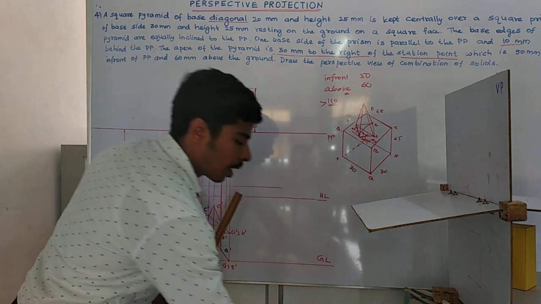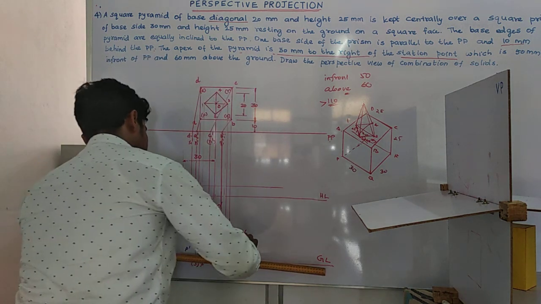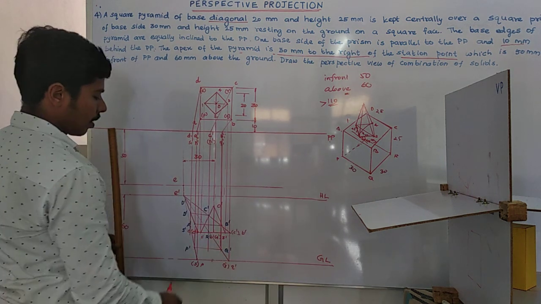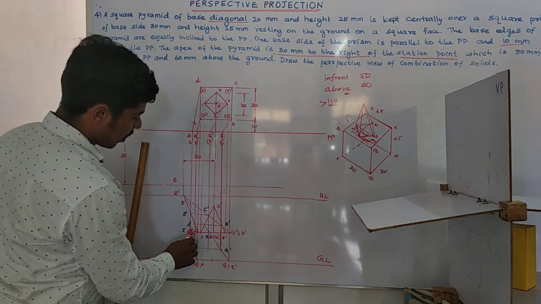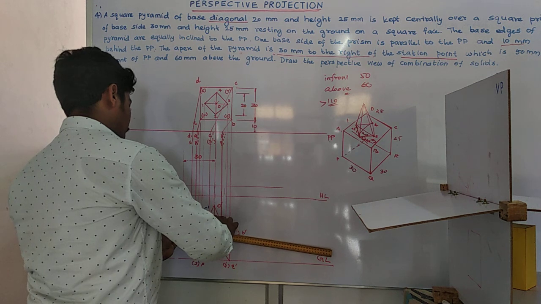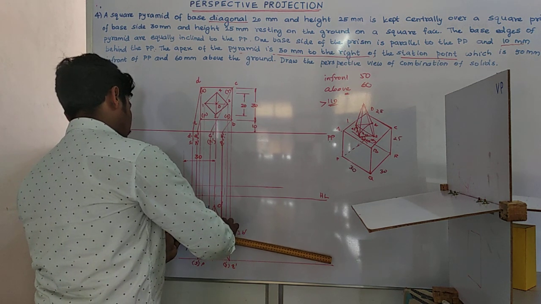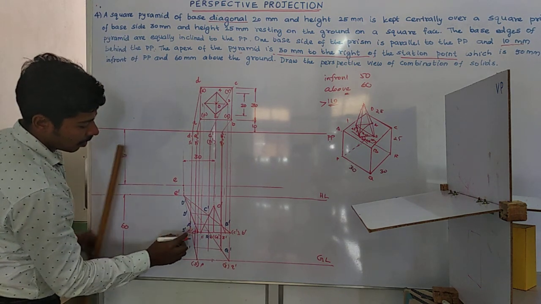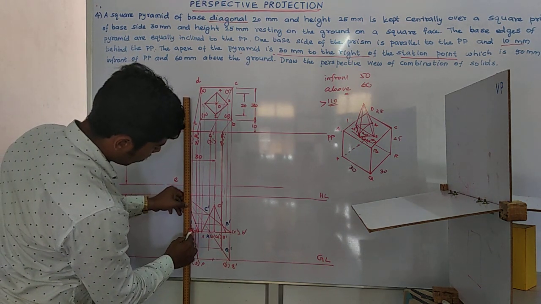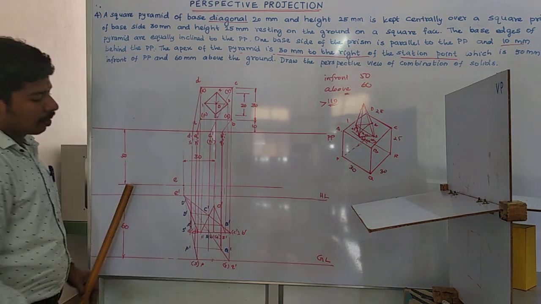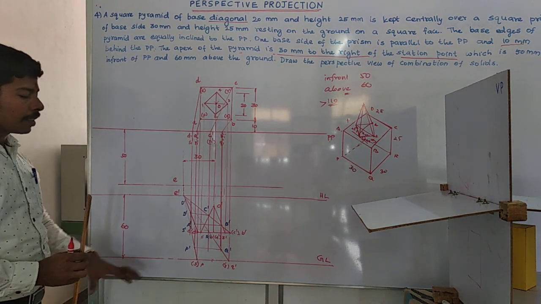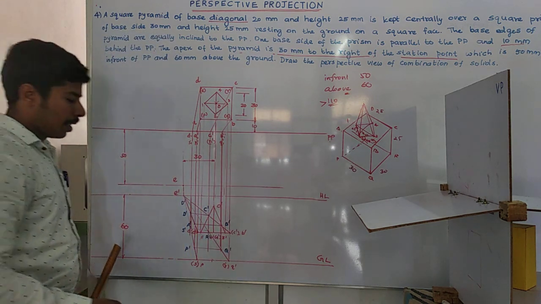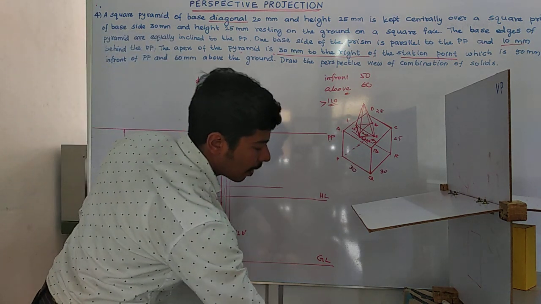So we got the bottom corner points also. Then the square is completed. Then go for the pyramid.